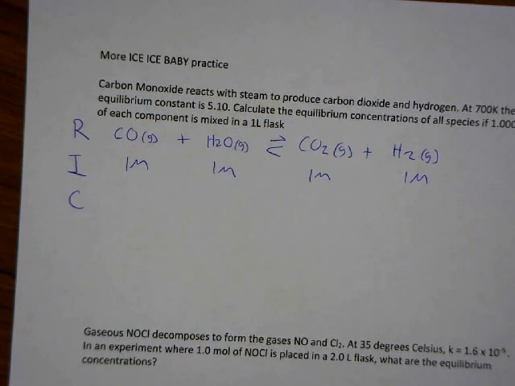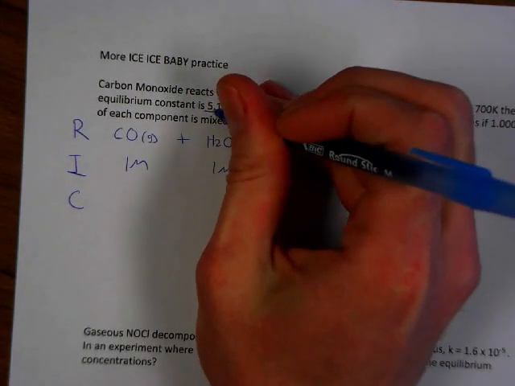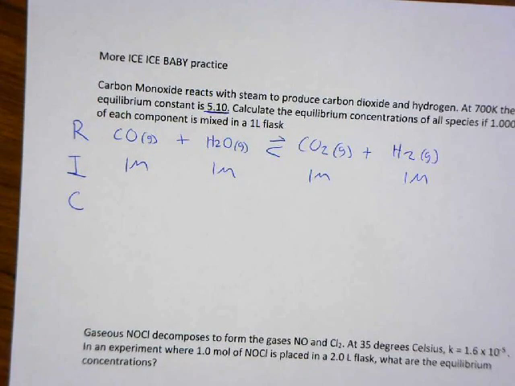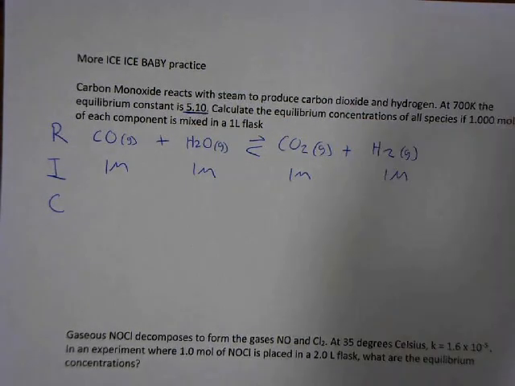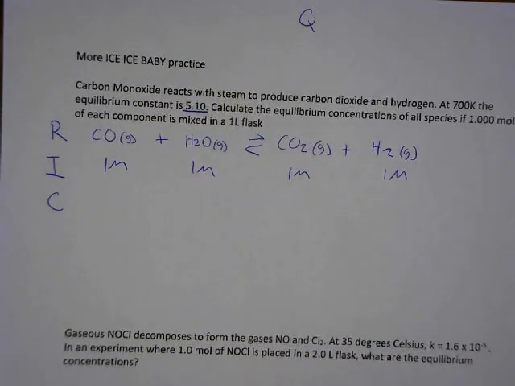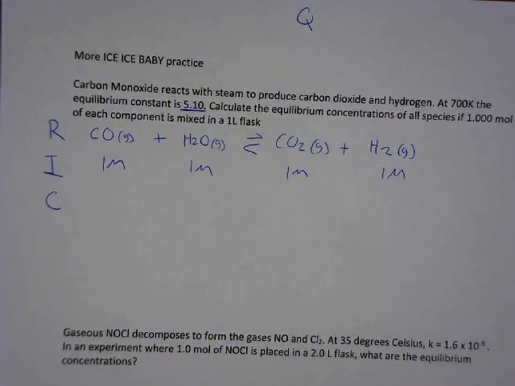Okay. All right? Because we were given what? What is this number here? The constant 5.1. That is my K. Agreed? Could I solve for Q? Yes. I could. Q is the concentrations at the beginning.